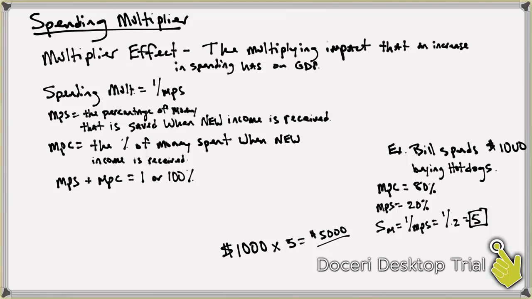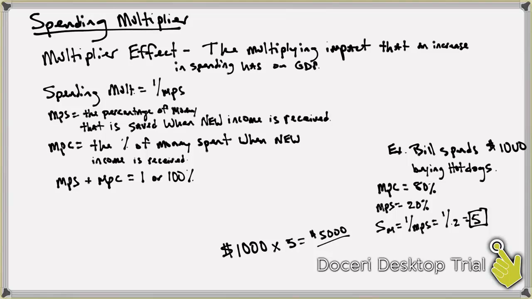The significance of $5,000 is that based on this multiplier effect, if someone spends $1,000 like Bill did in our economy, that $1,000 is going to be multiplied throughout the economy and be able to increase the GDP by up to $5,000 over a period of time.